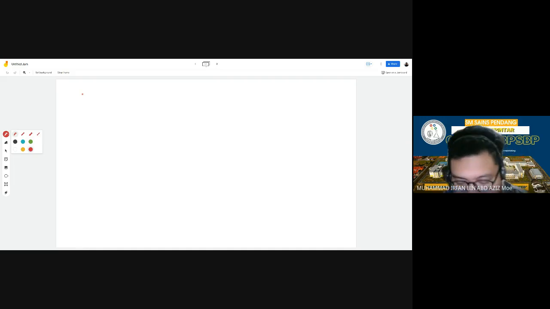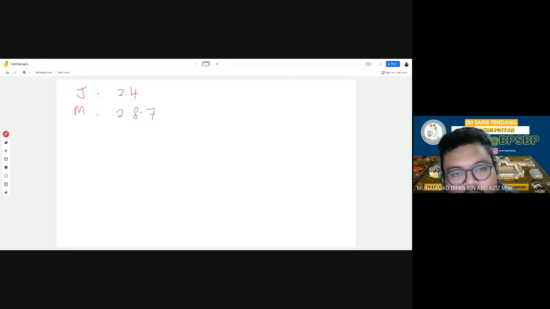Okay, the question kita ada J, dia punya electron arrangement is 2.4, and kita ada M which is 2.8.7, which is chlorine. So how do they share the electrons? Okay, kita tulis dulu J, the Lewis structure, they have only 4 valence electrons, while M ni have 7.